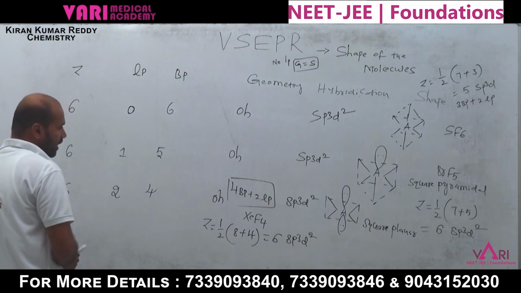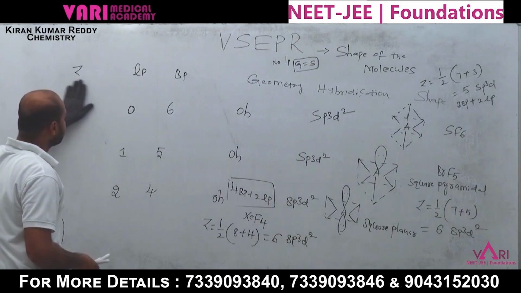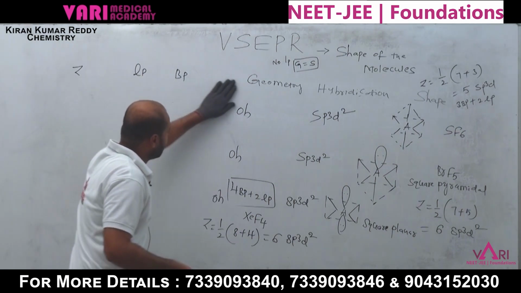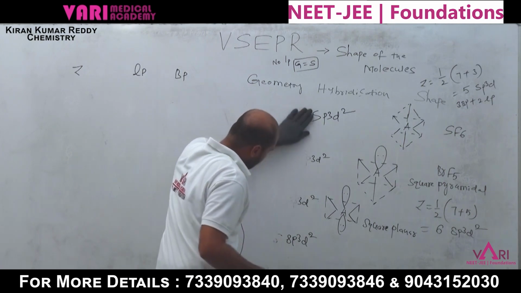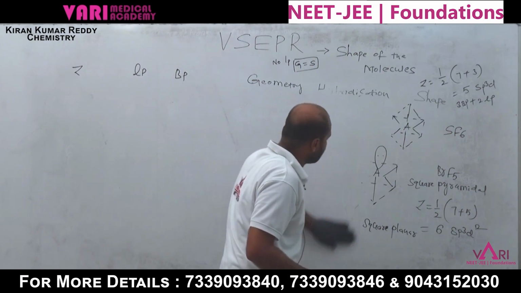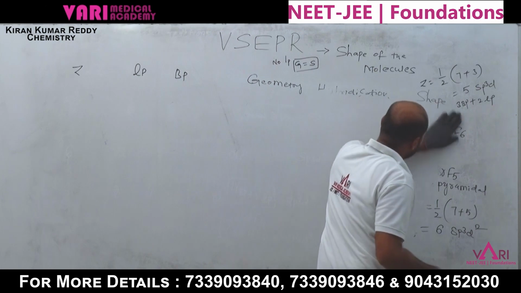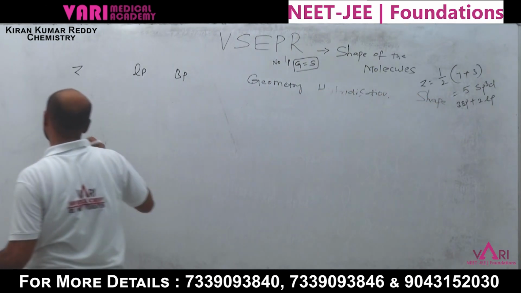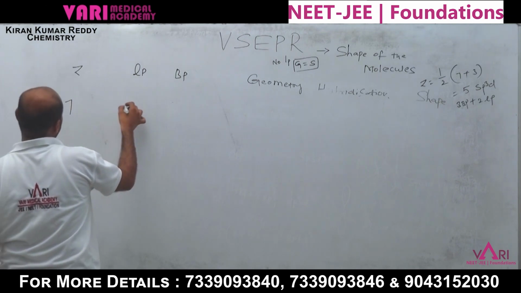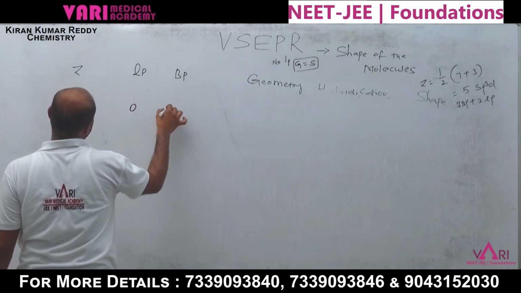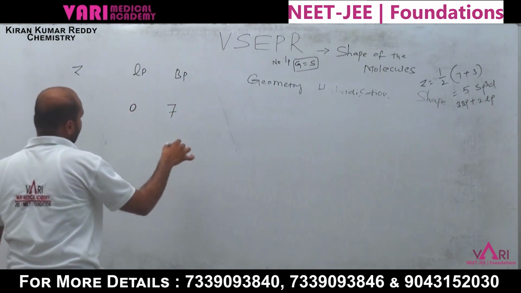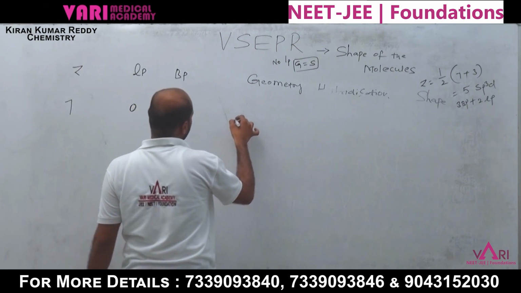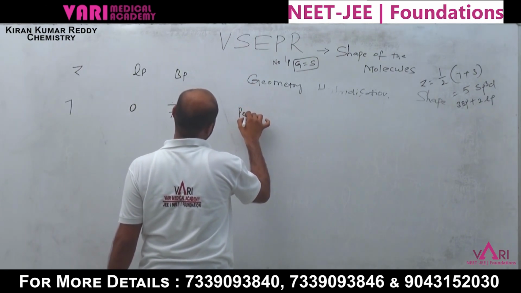Next, coming to the last one, Z is equal to 7. If Z is equal to 7, what is the hybridization? What is the shape of the molecule? What is the geometry? The last one is Z is equal to 7, lone pairs are 0, bond pairs are 7, and geometry is pentagonal bipyramidal.